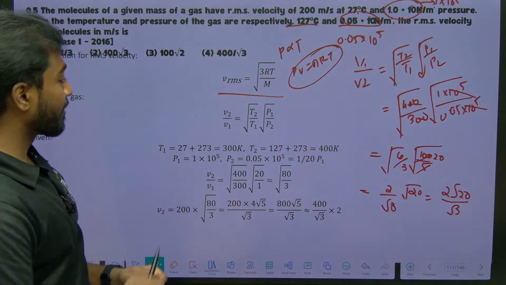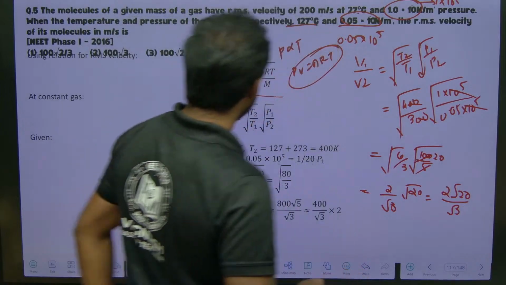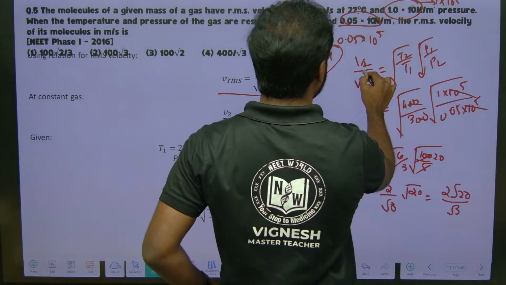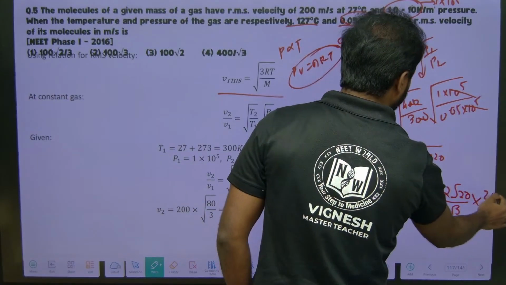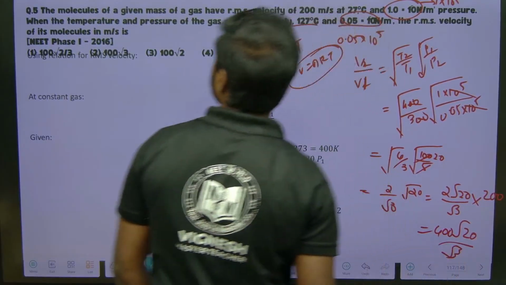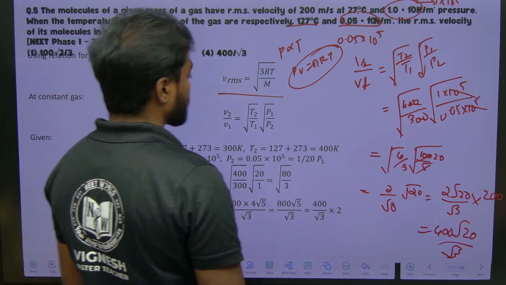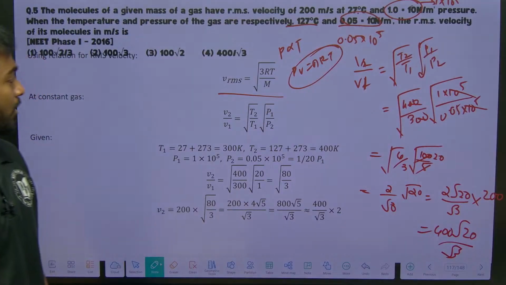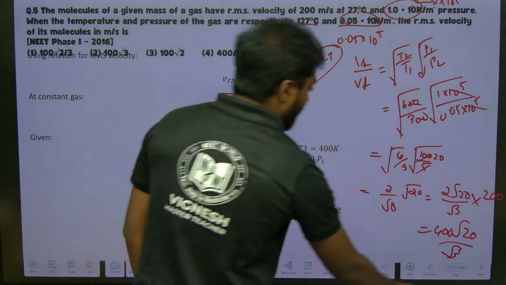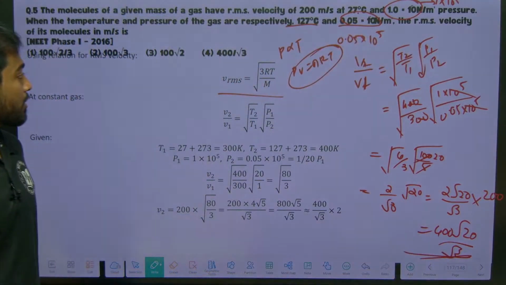I can rewrite this: V1 is 200 meter per second, so I can substitute, and V2 is V1 into that ratio, so it is 400 root 20 by root 3. Got it now? Up to this I have solved, and you can calculate it and get the answer.